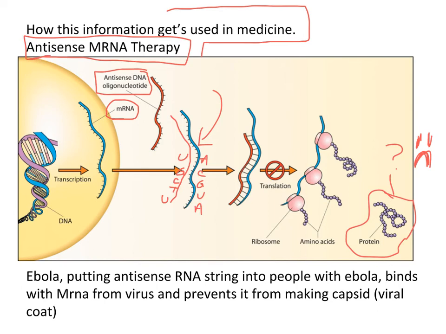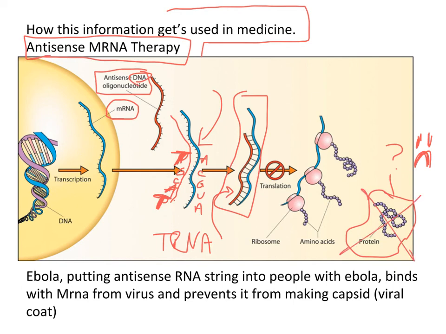And the DNA actually helps it bond more stably, so we'll call it DNA. So let me change this to T, that's A, sorry about that. A and T again. So the antisense side is going to bond here. And once this is bound, then you're not going to be able to have tRNA match up because you already have this little strand of DNA matched up. So you won't form this protein at all.